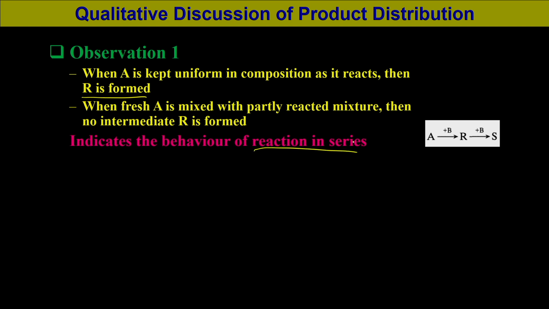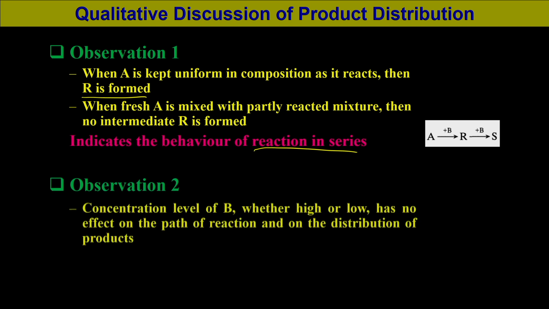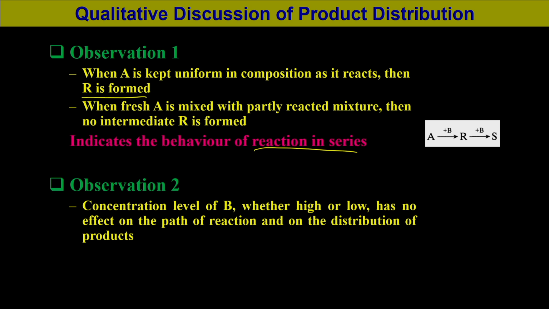In the second observation, we can see that if we keep the concentration level of B, whether high or low, whatever concentration we keep, there is no effect on the path of the reactions and on the product distribution. As we have seen, if we add B slowly to A, or A and B together, the product distribution does not change.